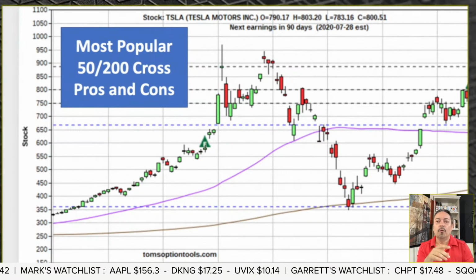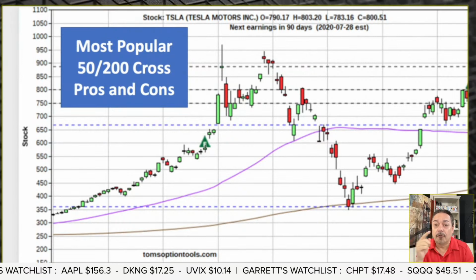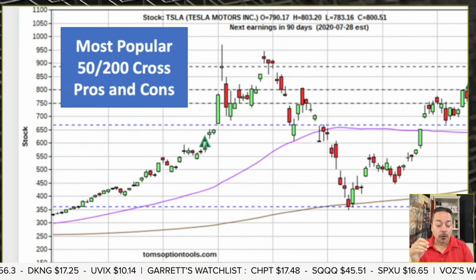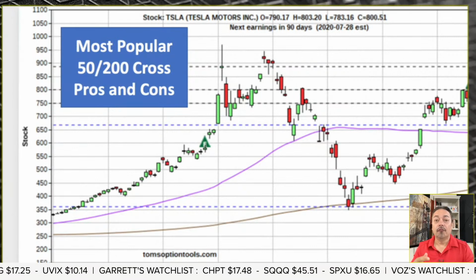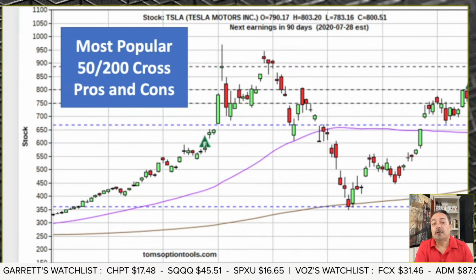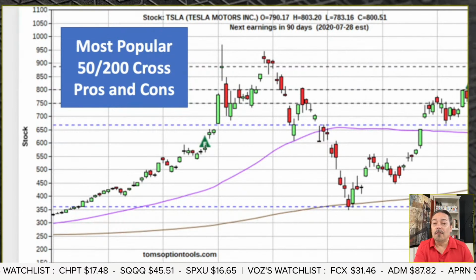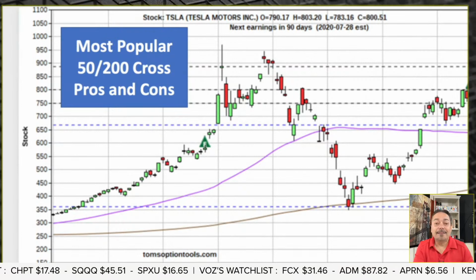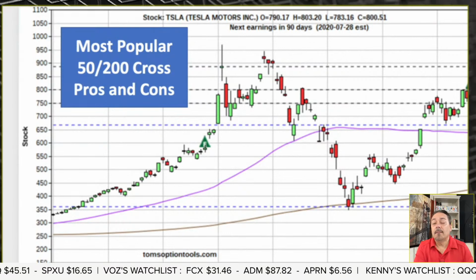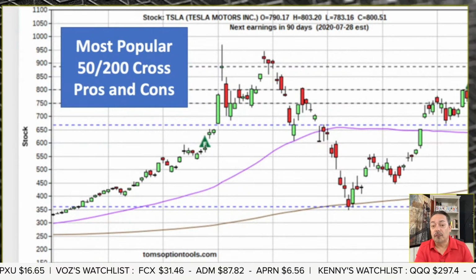In fact, when we see the 50-day cross above the 200, that's considered a golden cross. Golden crosses are considered bullish to investors, long-term investors. And when you see a 50 cross below a 200-day, well, that's considered a death cross. That means it's time to think about pulling aside, maybe looking at something else, trimming your positions, etc.